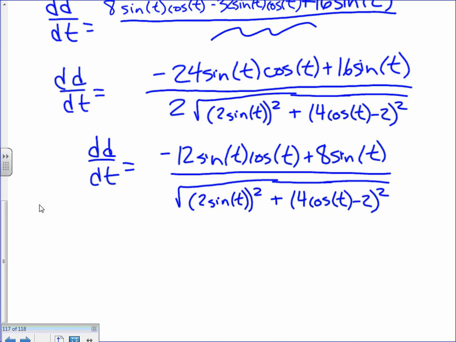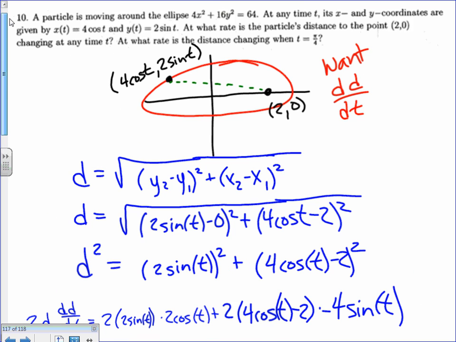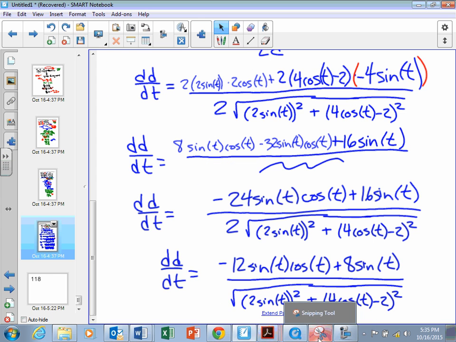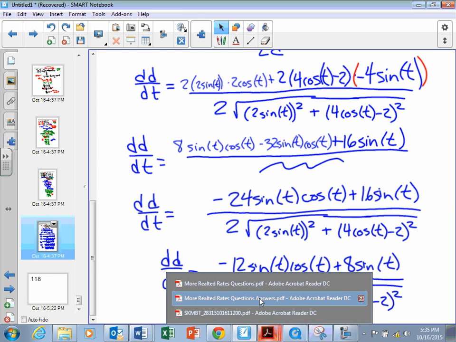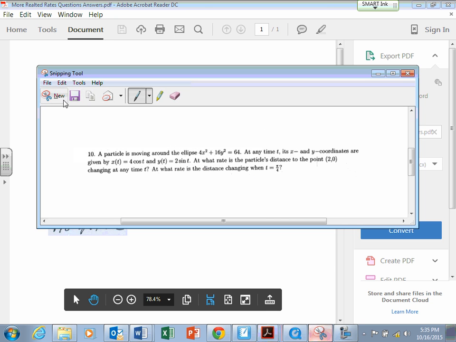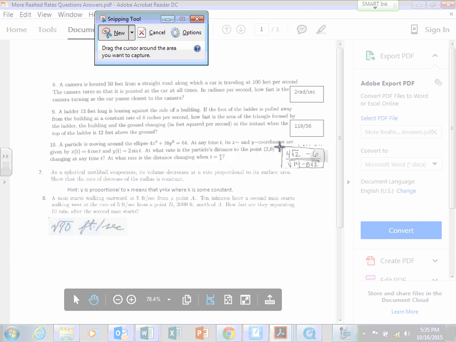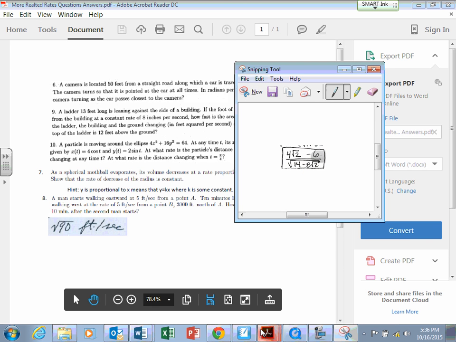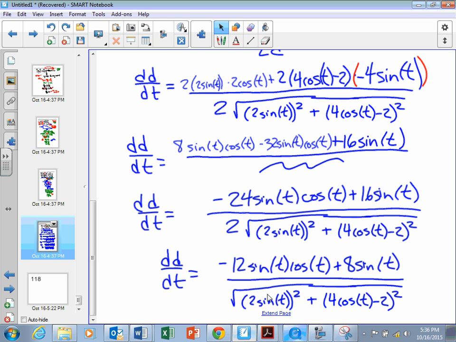Now, for plugging in pi over 4, I'm going to spare you the problems of having to watch me do that, and I'm just going to go right here and snip the answer right off my answer key and throw it in there. I'm sure you can figure out how to plug in and evaluate all of that.